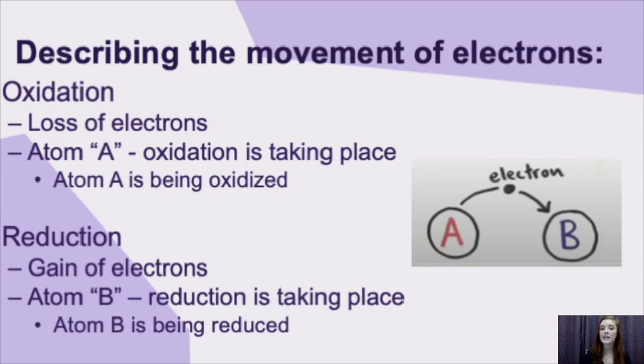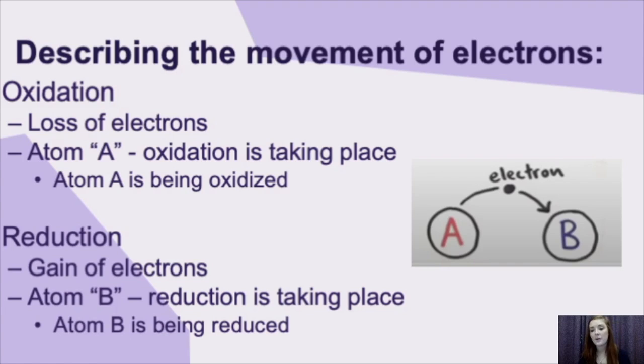The other thing that's happening is what's called reduction, which is a gaining of electrons. And I know it's kind of like, why would we call a gain of electrons a reduction? It actually makes sense because electrons are negative charges. So really, the more electrons you gain, the more negative the number gets.